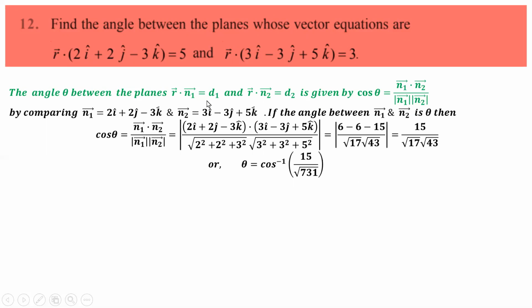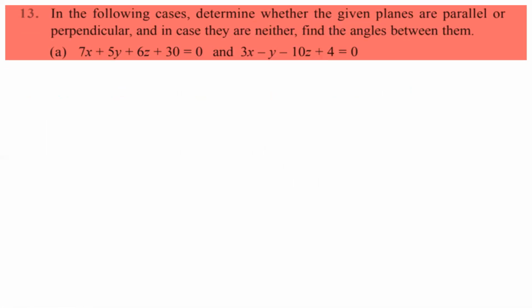So the vector equation is given. How to find the angle? I hope this is clear to you with the formula and with the example also. Now, if the Cartesian form is given and you need to find the angle between two planes, or you need to check whether they are parallel or perpendicular, how do you check this?